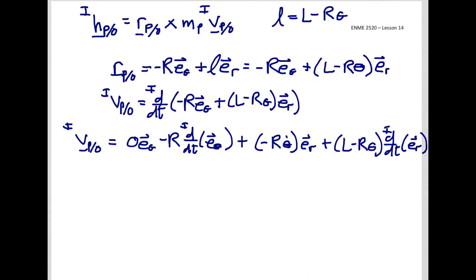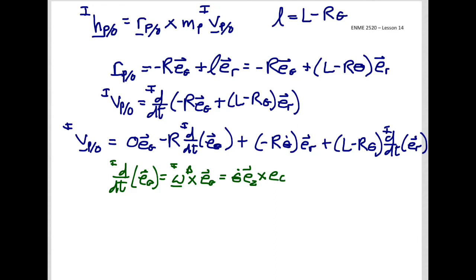Let's take care of time differentiating these vectors. So we'll take the time differentiation of e theta. This is equal to omega b observed in the inertial reference frame crossed with e theta. And so this is theta dot in the ez direction crossed with e theta, which gives us z cross theta is in the negative er direction, so it's negative theta dot er.